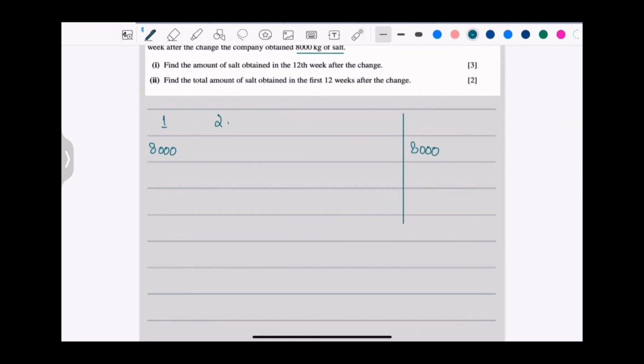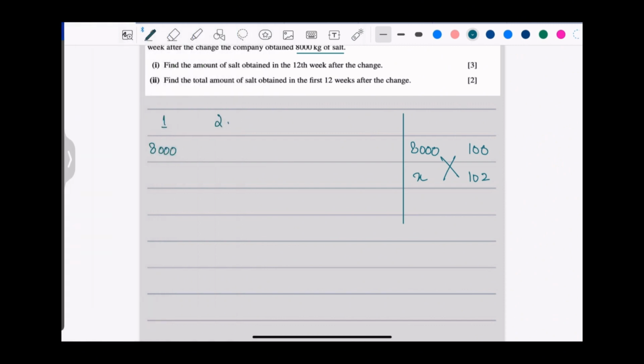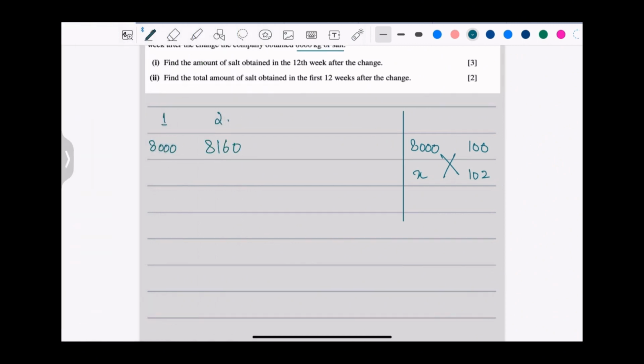8,000 is 100%, and after adding 2%, it's x. It's going to be 8,160.